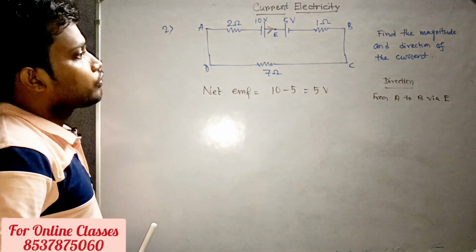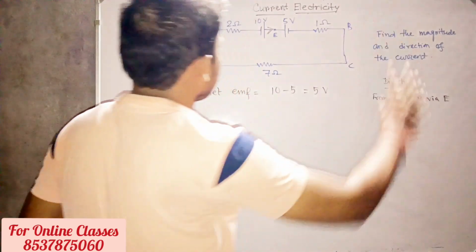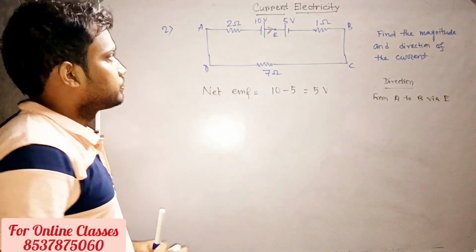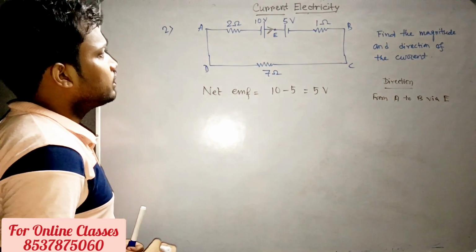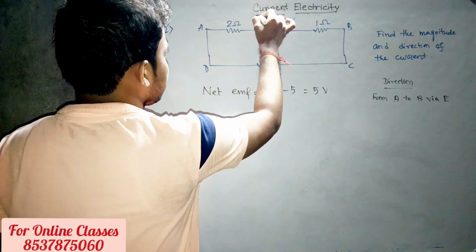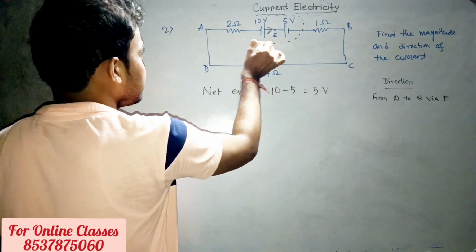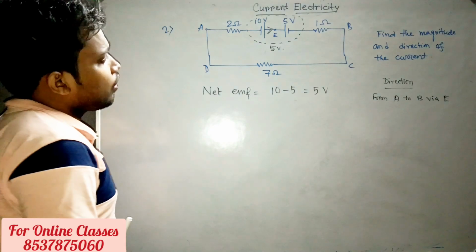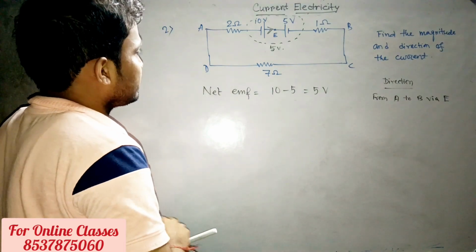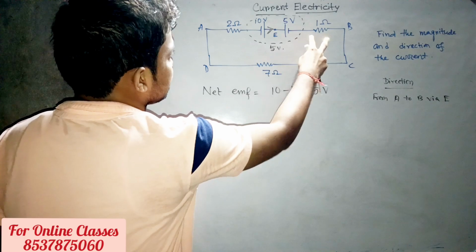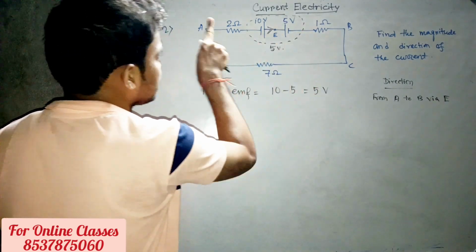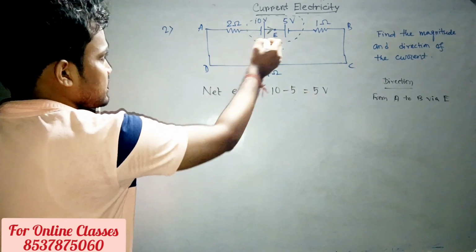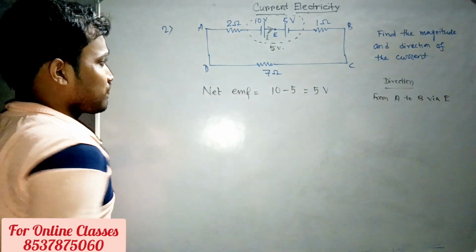Now we have to find the magnitude of the current, that means the value of I. The net EMF is 5 volt. The resistors are in series connection, and the current I is flowing.